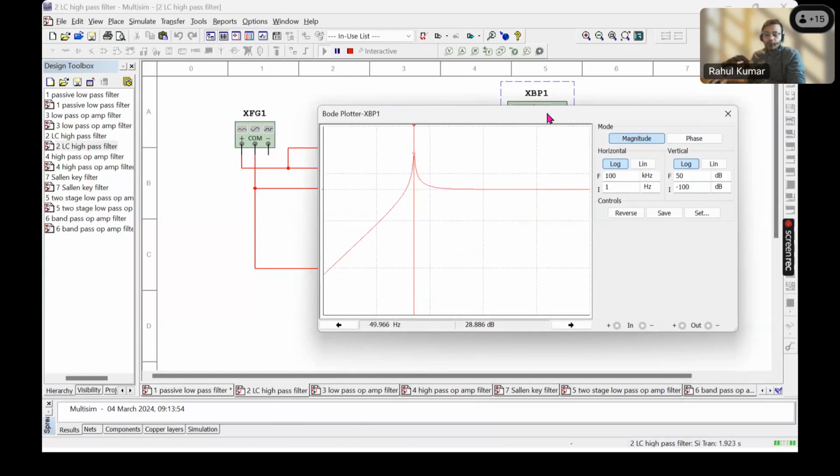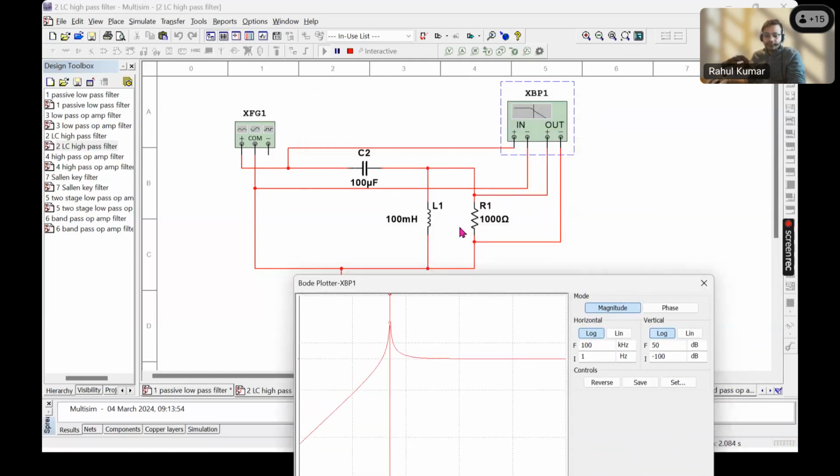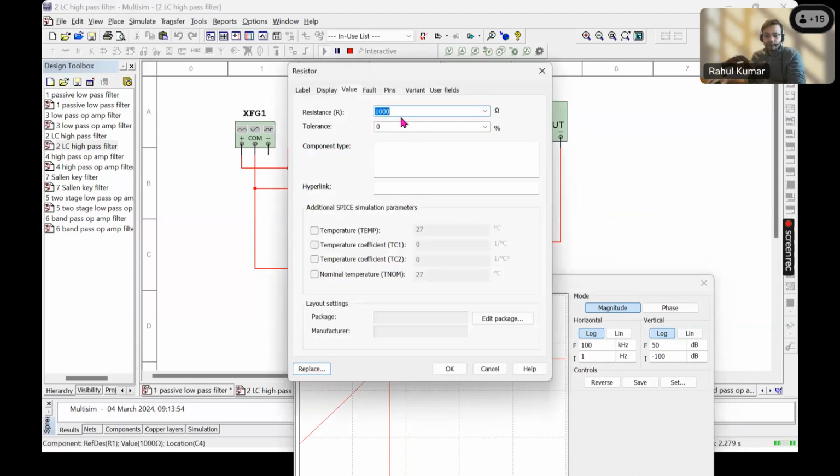Now, although in the cutoff frequency formula we don't have the resistance, we only consider L and C, let's try and change the value of resistance to see what the effect on the output is. From 1000 ohms or 1 kilo ohm, I've changed it to 100 ohms.